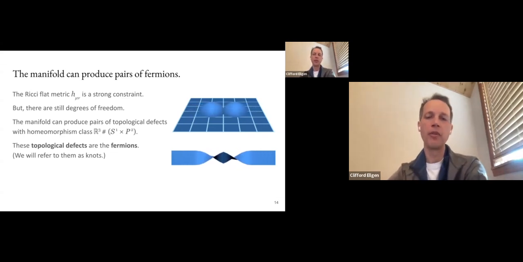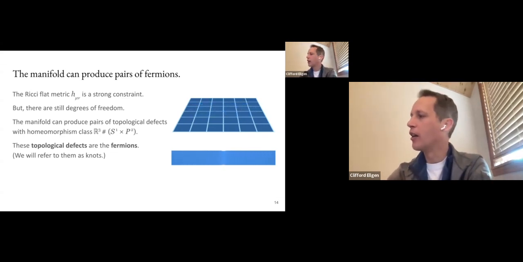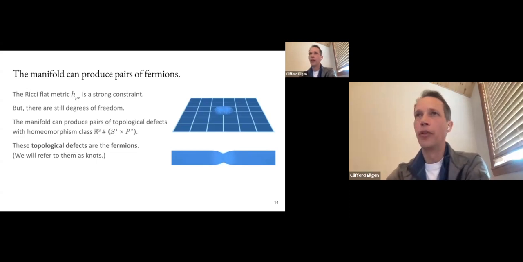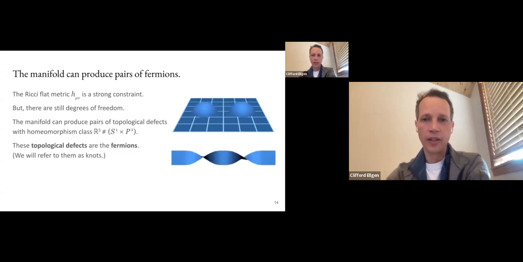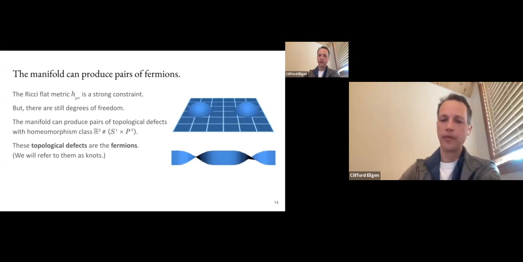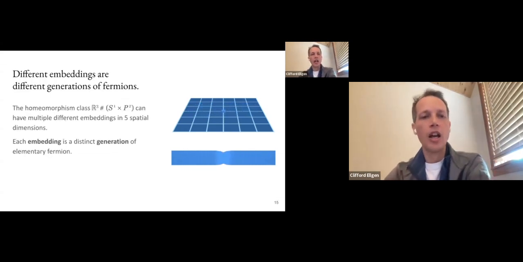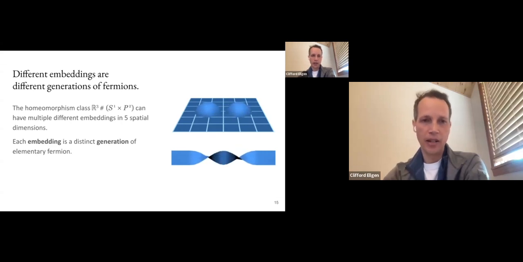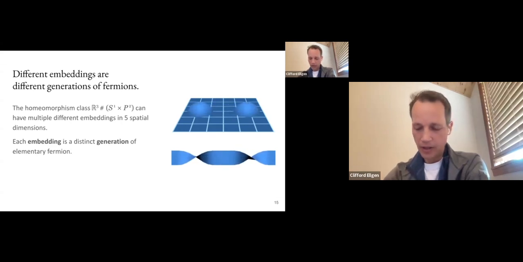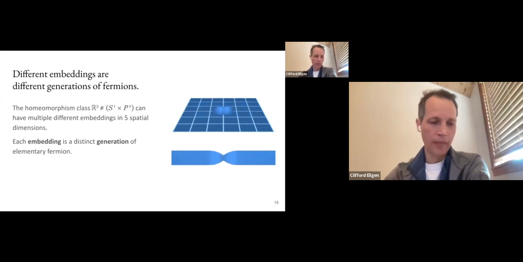These topological defects are the fermions of this theory, so an electron, a muon, quarks, all of these things are topological defects in the spacetime manifold. This particular kind of defect that we can make is very special, in that this metric H mu nu must be Ricci flat everywhere.